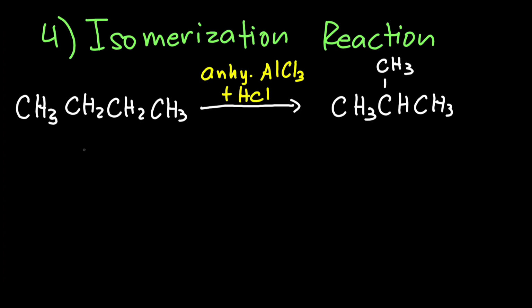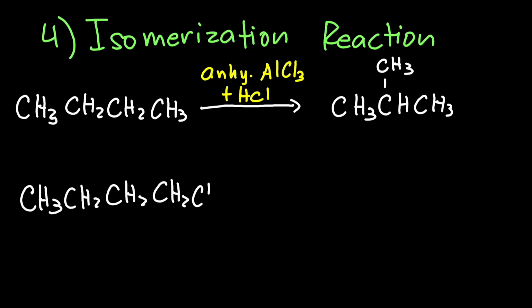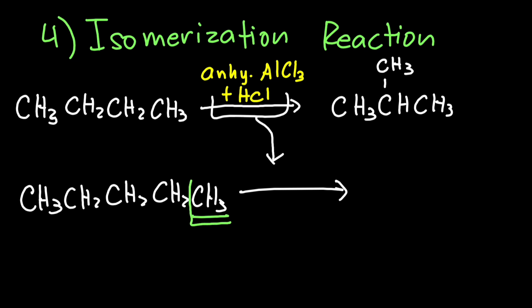Another example would be the isomerization of a pentane. Pentane here would be CH3, CH2, CH2, CH2, and CH3 by the presence of this one. You can remove one carbon in here and replace it either on this one or this one.